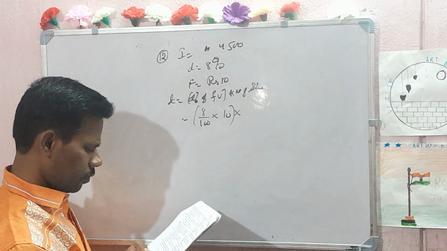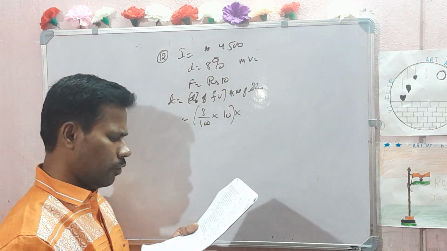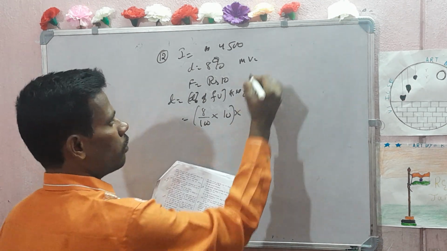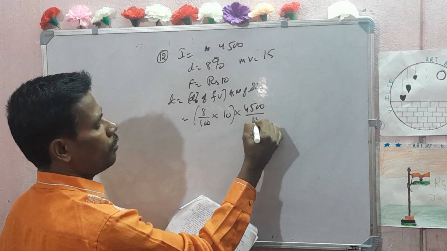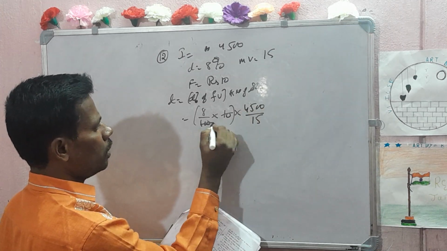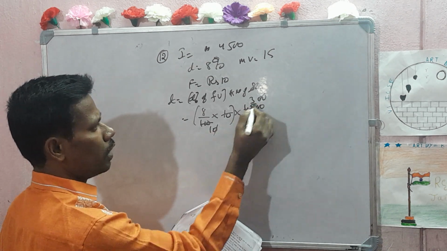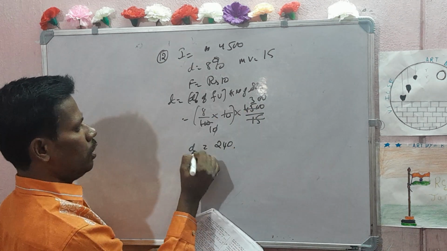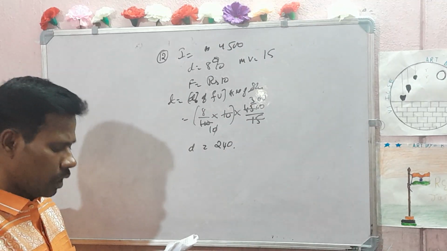Market value is also given: Vivek invests in 8%, rupees 10 shares at 15. Market value is 15. So number of shares is 4,500 by 15, which is 300. 300 into 8 is 2,400, so dividend is 240.